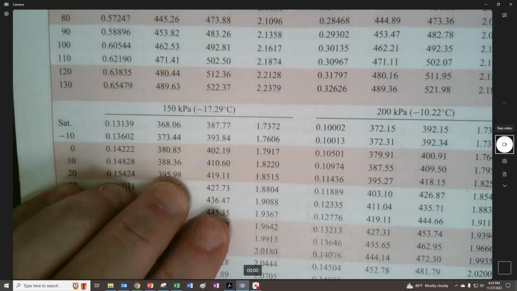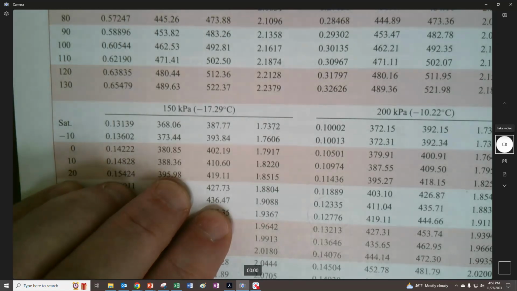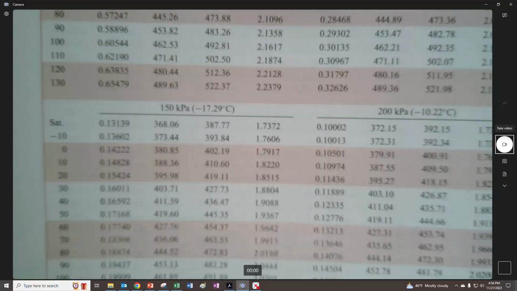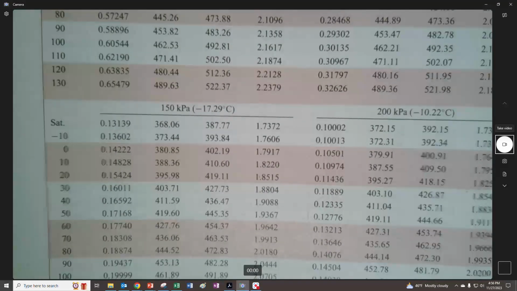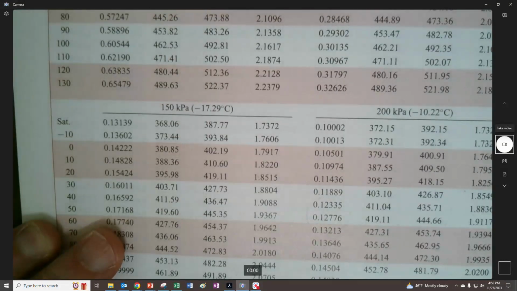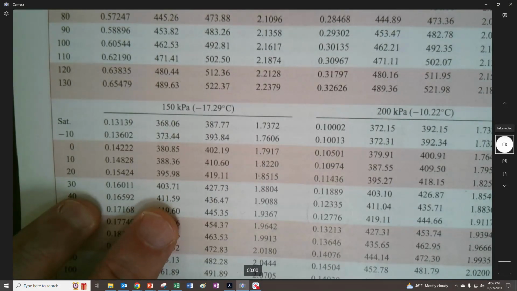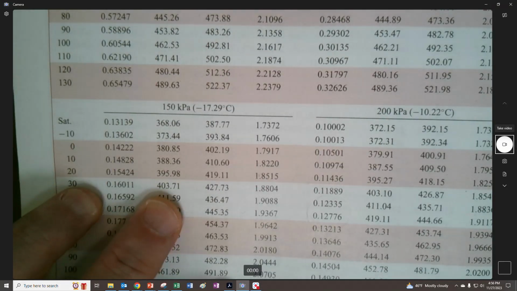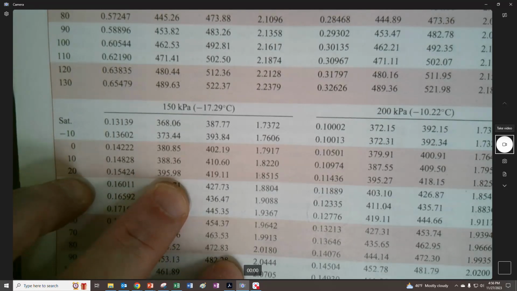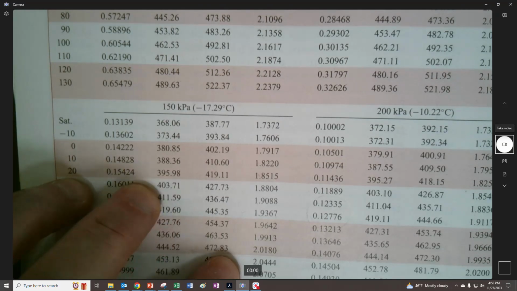So let's see, what do we need to write down? Somebody might ask me how much heat, but it's not an isothermal process. It is, in fact, an isometric process because it's the same volume. So we can't really use the change in entropy to find the change in heat, unfortunately. We could maybe use the change in internal energy.